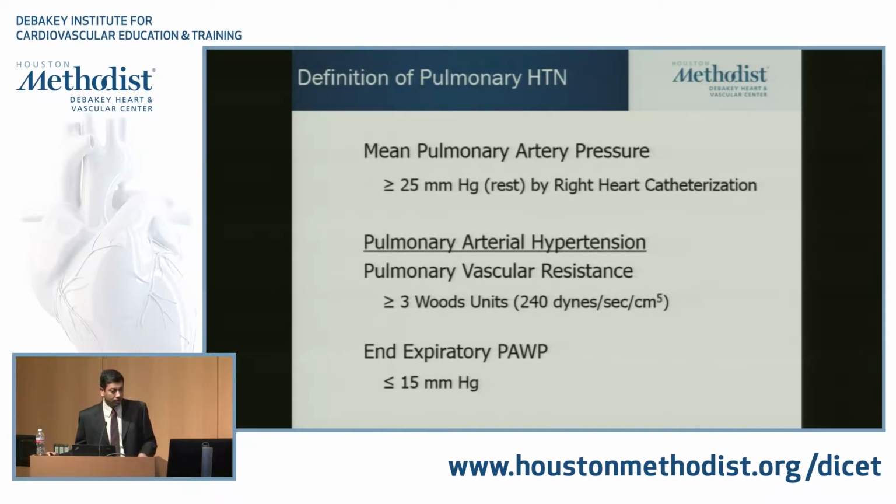I want to emphasize this. Now in patients who have pulmonary hypertension, a subcategory is the patients who have pulmonary arterial hypertension, and that's defined by pulmonary vascular resistance greater than 3 Wood units and with a wedge pressure under 15.